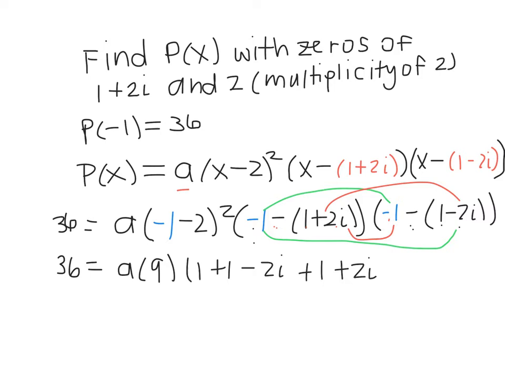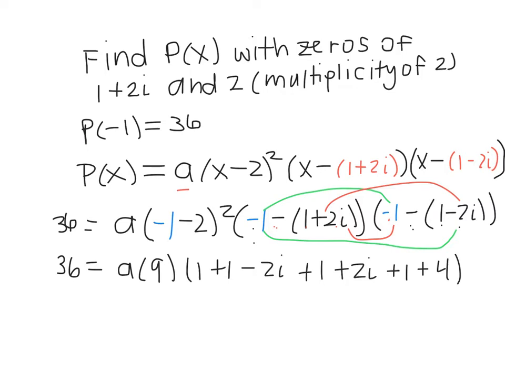Now, whenever we multiply complex conjugates together, you square the real part and add it to the square of the imaginary part. So that is going to be, the square of the real part is 1, so that's a plus 1. And then the square of the imaginary part, that's the square of the negative 2, or the 2. And so square that and we get 4.